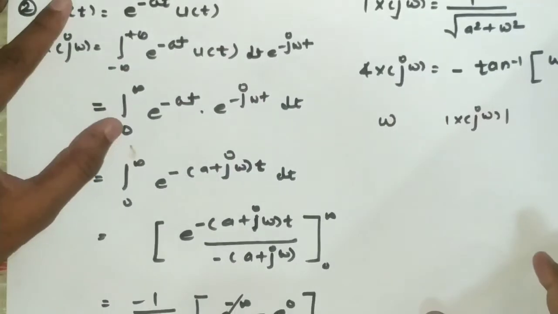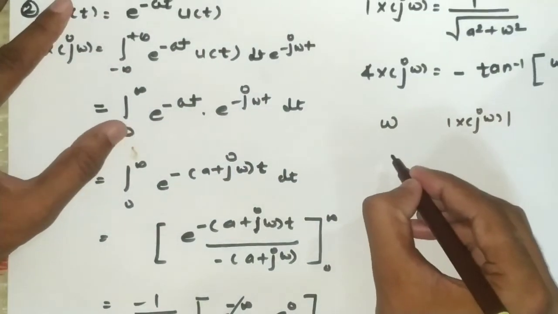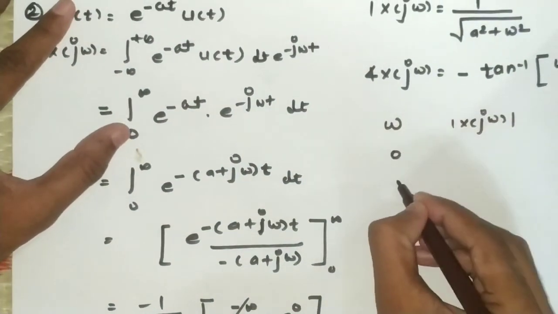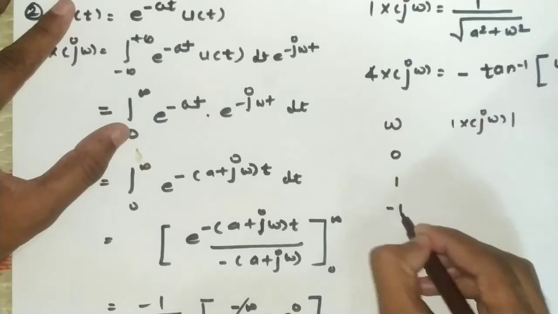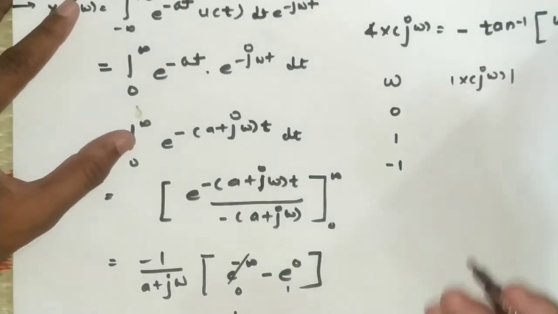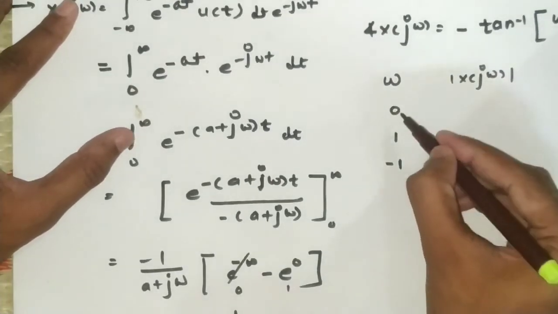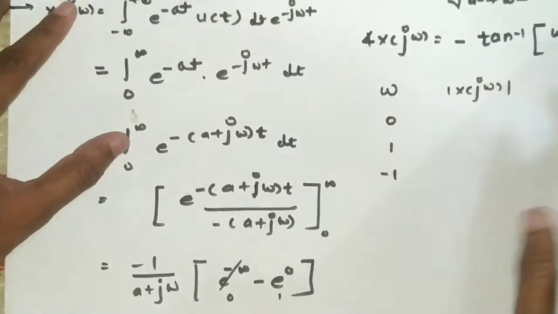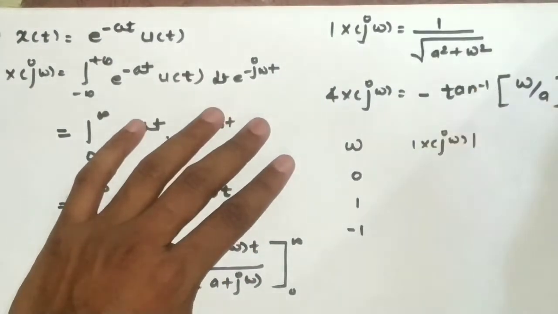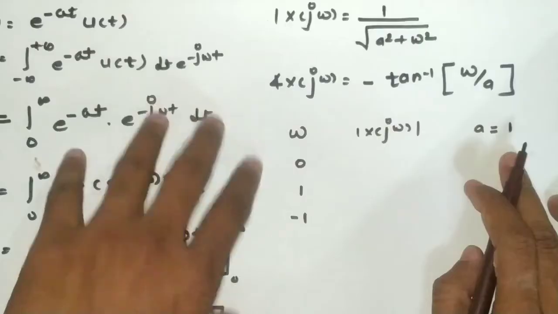We can fetch the values for 0, plus 1 and minus 1. Probably you can take more values. I am taking only 3 samples, 0, +1, -1, and suppose a we are taking as constant, that is going to be 1. You can take any value, I am writing this only for understanding purposes.